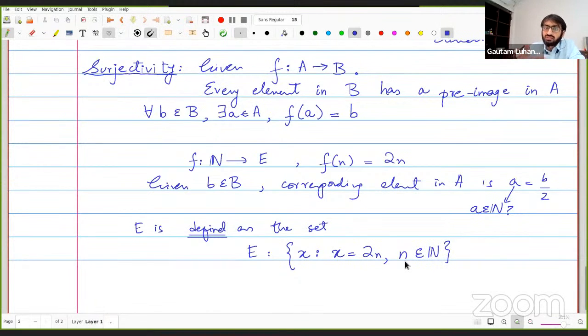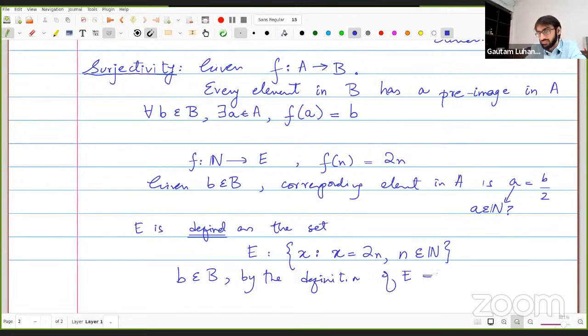So given b in E, by the mere definition of E, it can be written as some element times 2. It's divisible by 2. Otherwise, it can't be in E.